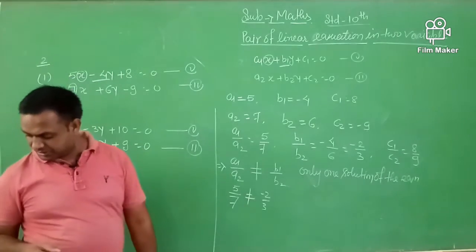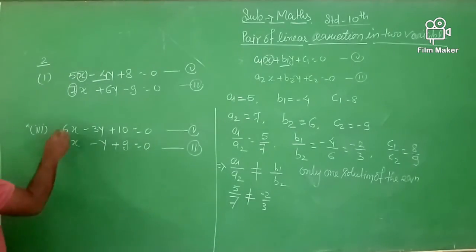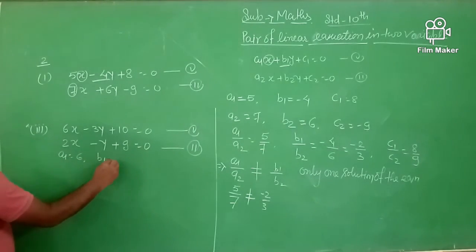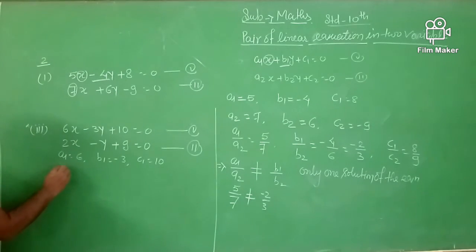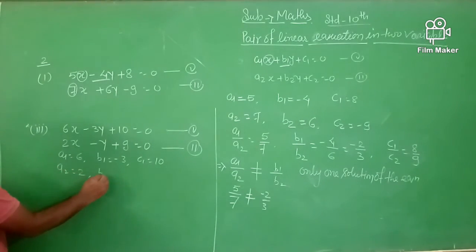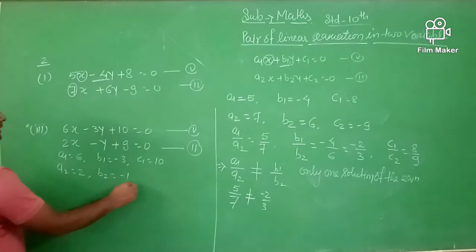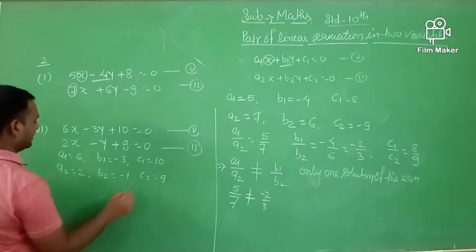In the second question, here a1 is equal to 6, b1 is equal to minus 3 and c1 is equal to 10. Same, a2 is equal to 2, b2 is equal to minus 1 and c2 is equal to 9.